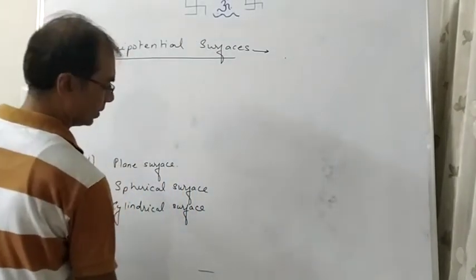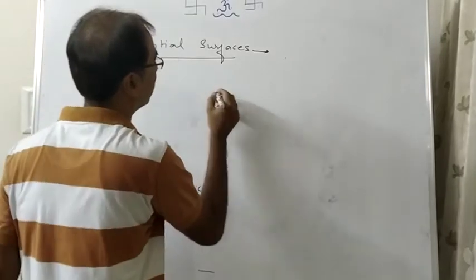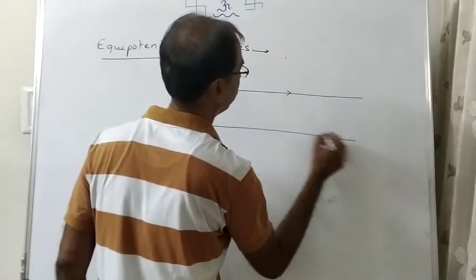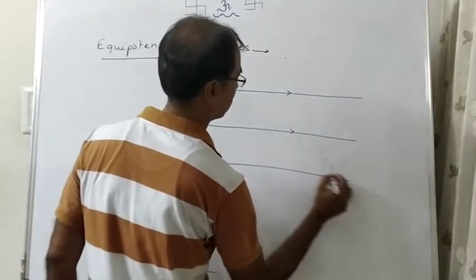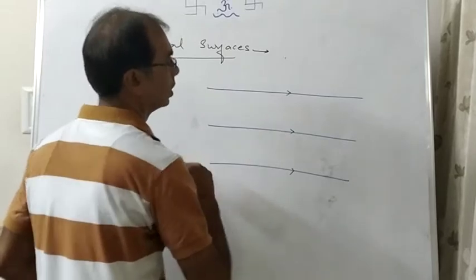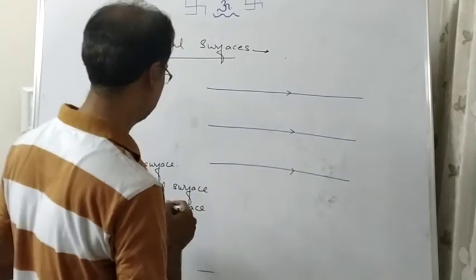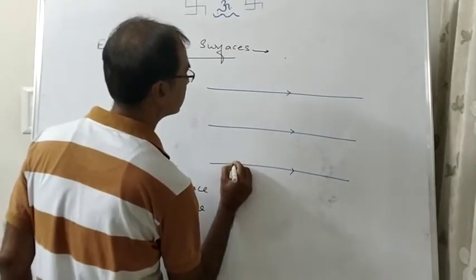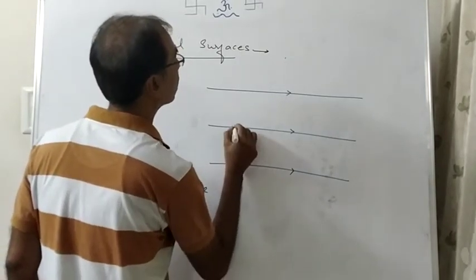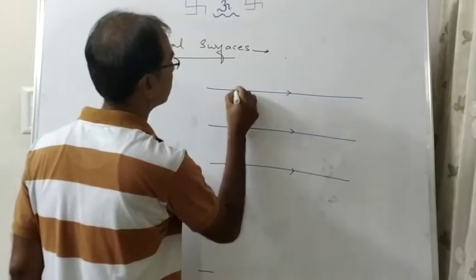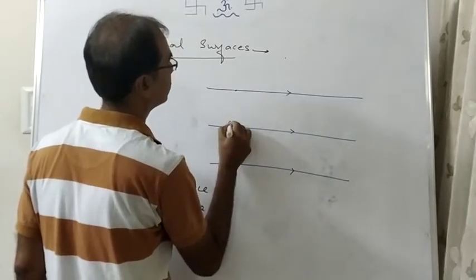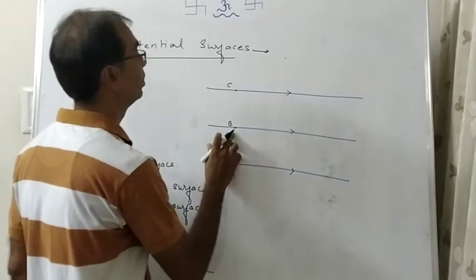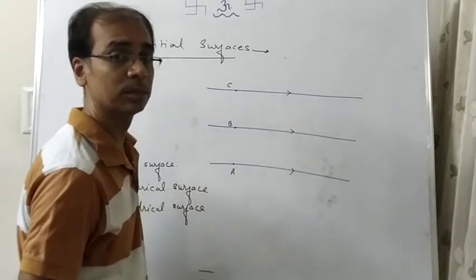Suppose that we have an electric field like this. It's a uniform field I am drawing, and these are lines of force. Now if I say this is point A, and this is another point B, and this is C, and I ask you what is the potential at points A, B and C and what is the relation between them?